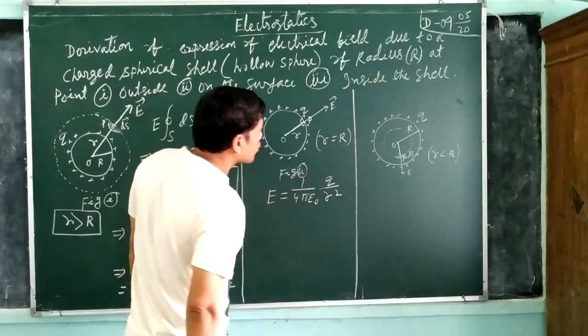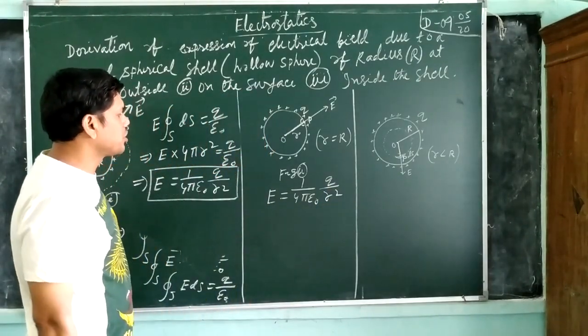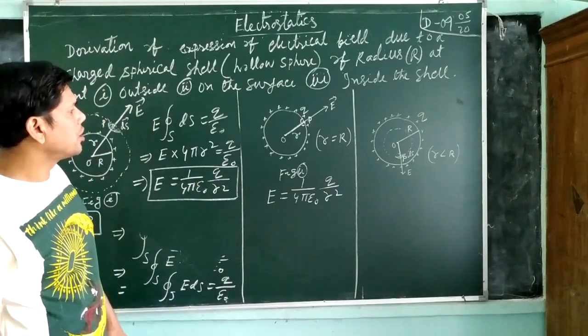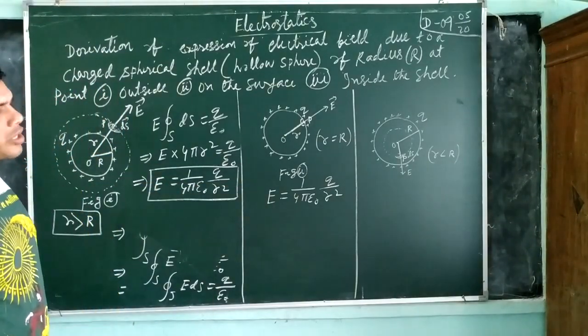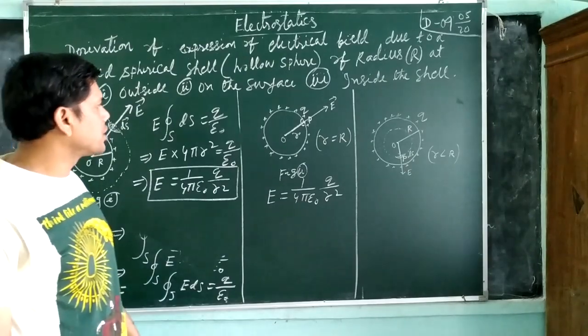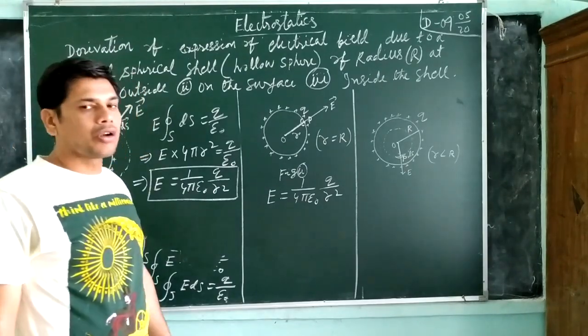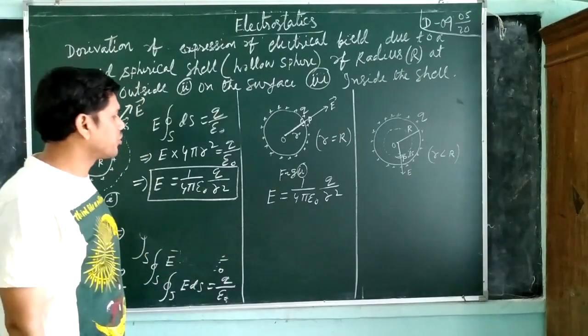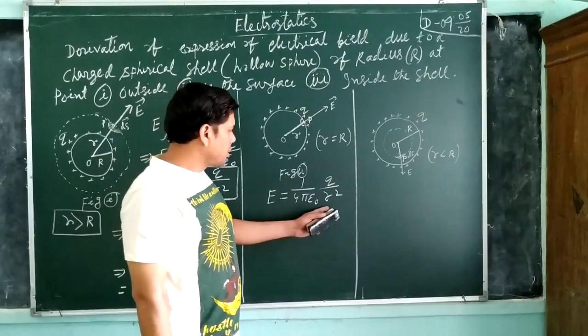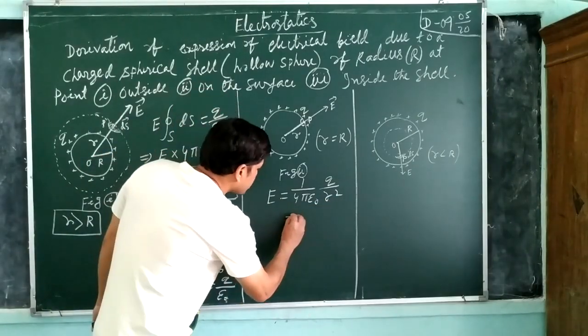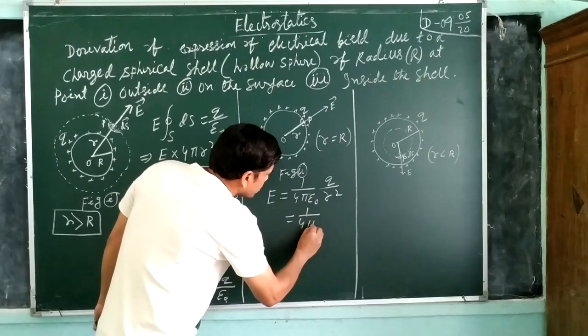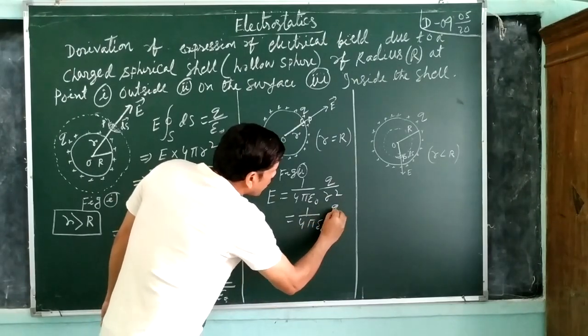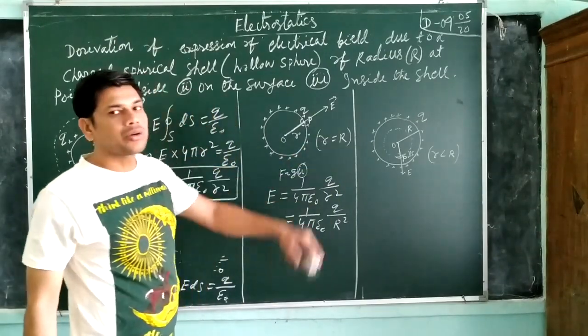Here small r equals capital R. So this is the expression of electric field due to a charged spherical shell or charged hollow sphere on its surface. This expression can also be written as Q by capital R square or small r square, because small r equals capital R.